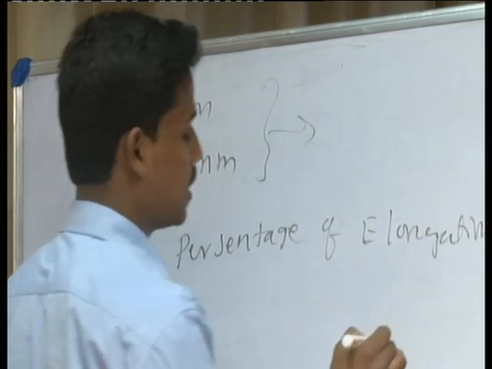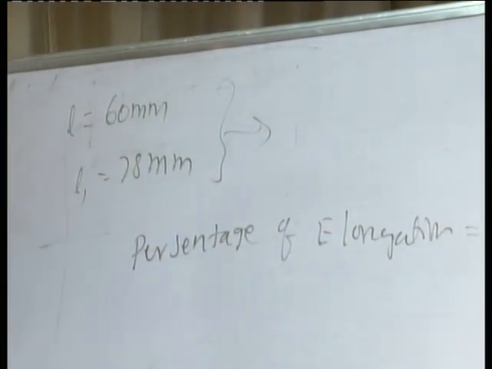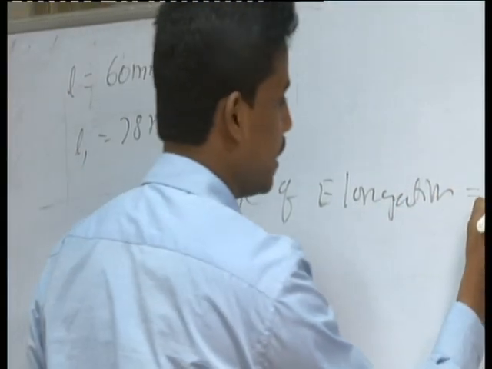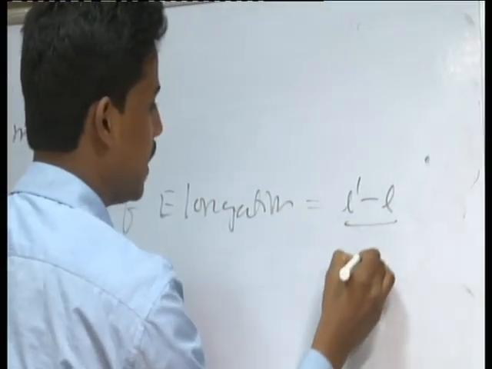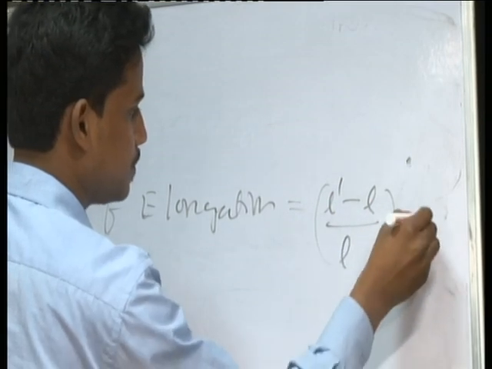I already told in the theory class that percentage of elongation is calculated by L dash minus L divided by L into 100.